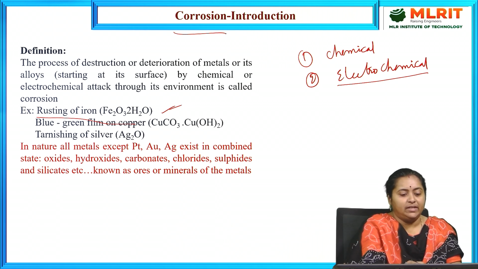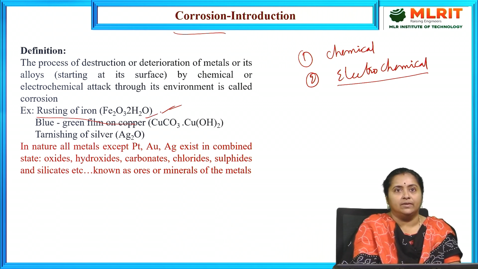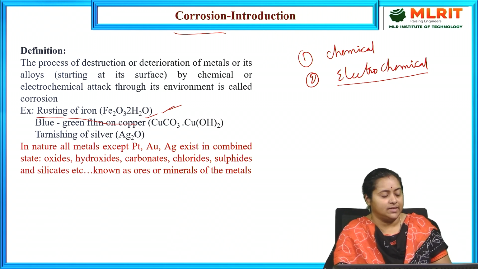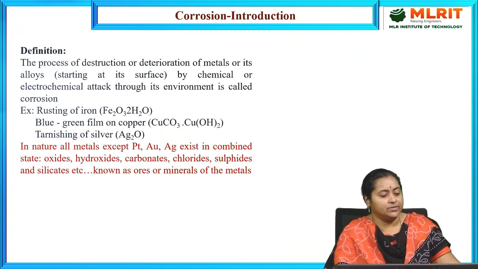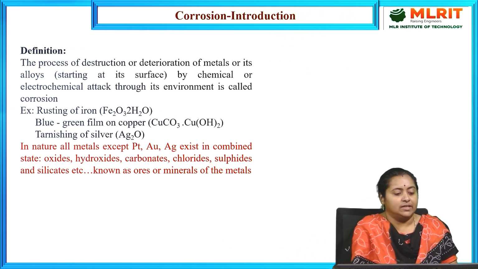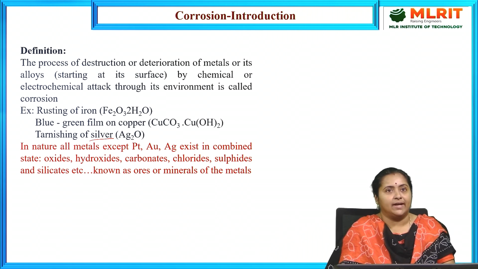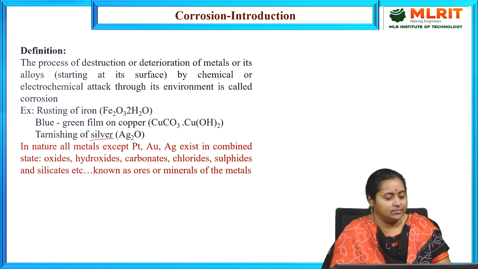Similarly, the surface of any copper object also undergoes corrosion reaction, because of which a bluish green colour layer forms. Similarly, on the surface of silver metal, we can notice a black colour layer formation, which is called tarnishing of silver. That is also another example of corrosion reaction.